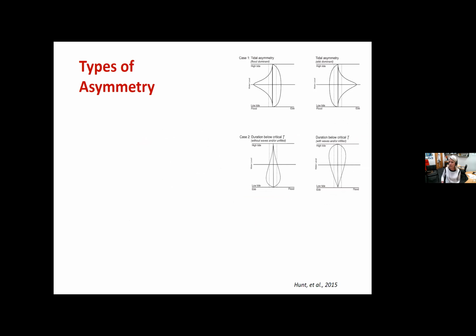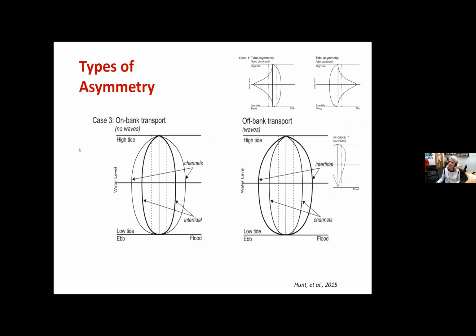And then he pointed out the last case here, where you get a spatial distribution in the strength of currents. So here you might get higher currents in the channels than in the intertidal regions. In the right-hand case, you can get the opposite occurring, where you might have higher currents in the intertidal than in the channel. So in this left-hand case, you would get scouring in the channel, which would then settle on the high intertidal.